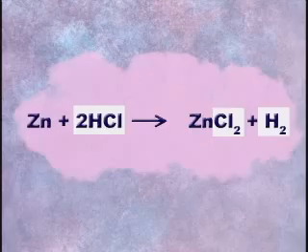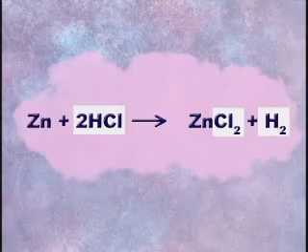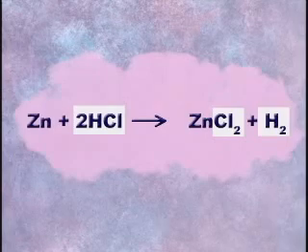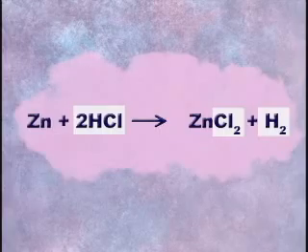Since there are no subscripts, we know that the formula represents one atom of hydrogen and one atom of chlorine. So placing a coefficient of 2 in front of HCl will balance the equation by giving us 2 hydrogen atoms on both the reactant and product sides of the equation and 2 chlorine atoms on both the reactant and product sides of the equation.